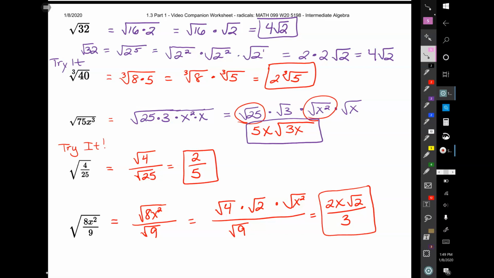And then the x squared is just square root of x squared, all divided by square root of 9. So the square root of 4 we know would be 2. Square root of x squared is x. And the square root of 2 I cannot break down any further, so I just leave it as that. So I have that in the entire numerator, all divided by 3. So my final answer is 2x times square root of 2, all divided by 3 in the denominator.